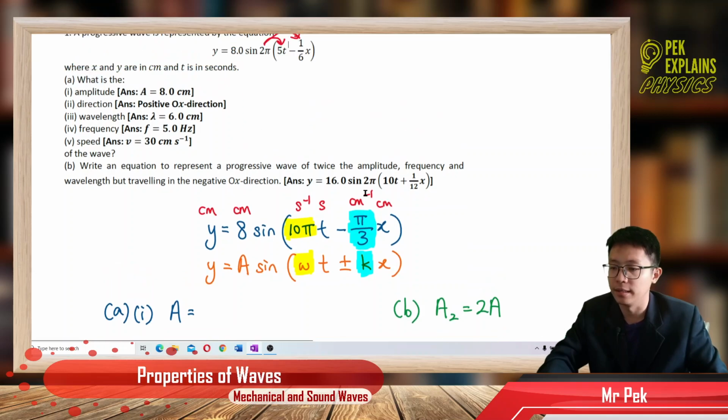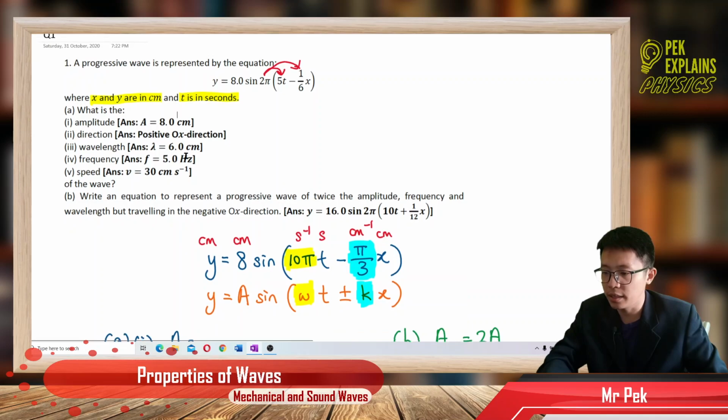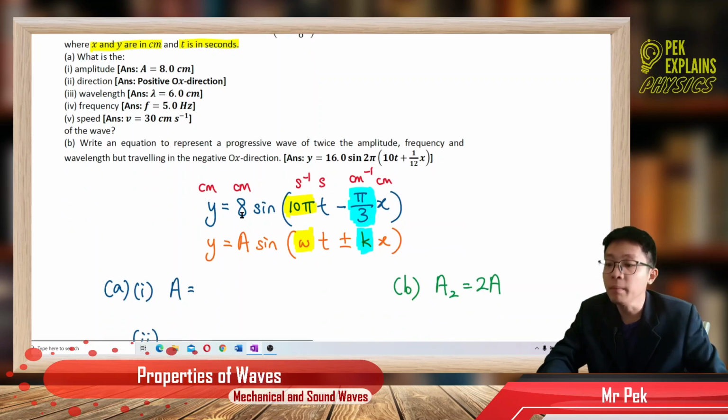Then you must be careful with the unit. The unit here is also very important. x and y are in cm and t is in seconds. That means y is in cm, so the amplitude is also in cm. This is 8 centimeter, not 8 meter.